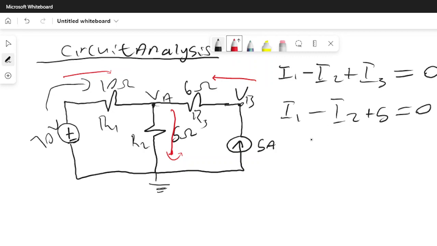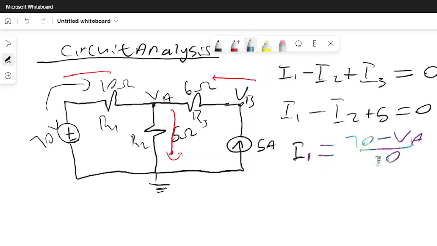Now, what is I1? Current I1, let me write this with a different pen, is equal to 70 minus VA over 10 ohms.